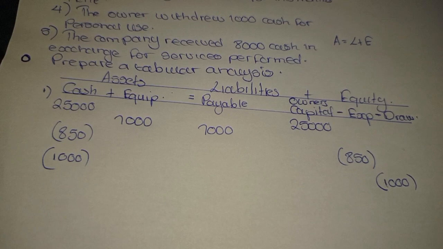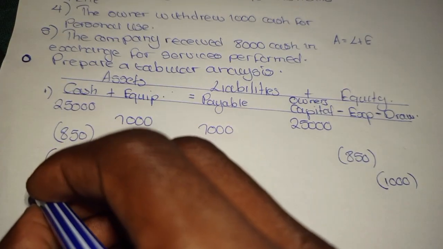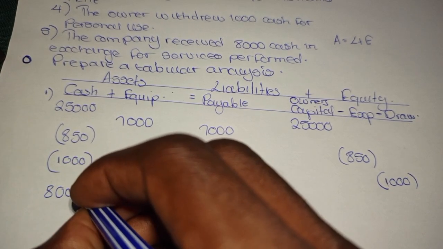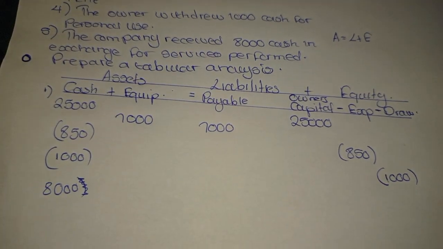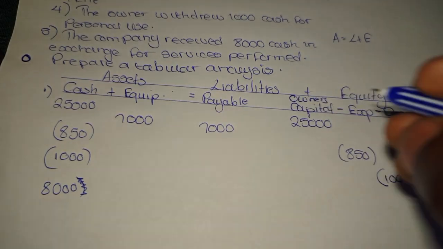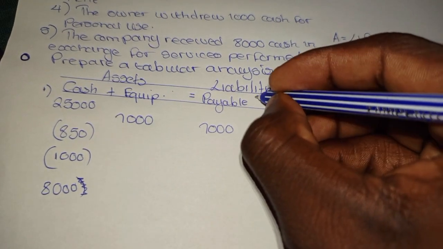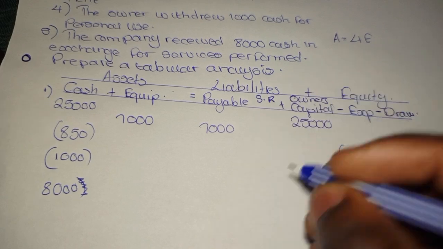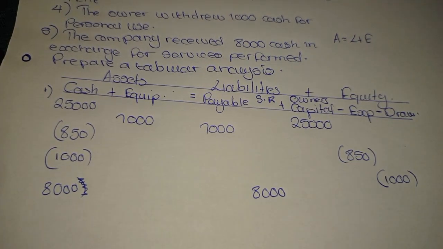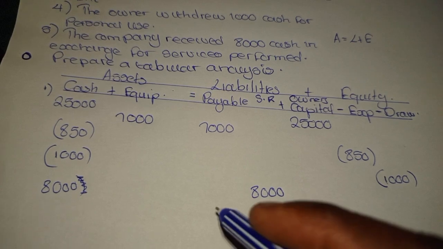So you are debiting the cash account with 8,000, and you are also increasing the service revenue account. So we can just say plus service revenue here with 8,000.